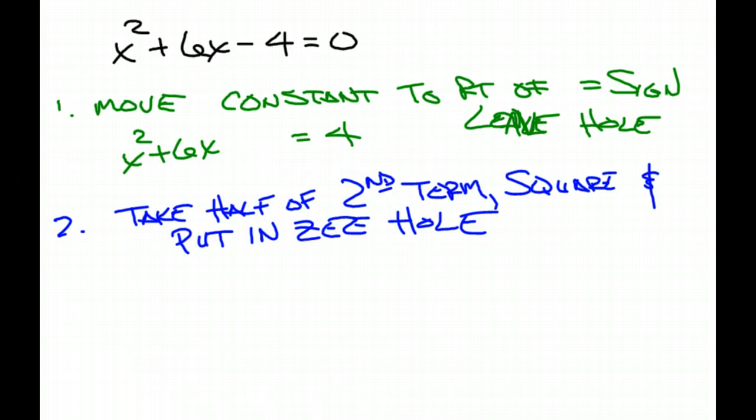Second term is what? 6x. All right, 6x. Let's just say 6. I could have written take half of the second term's constant, but I didn't. But anyway, you're just taking the number 6.